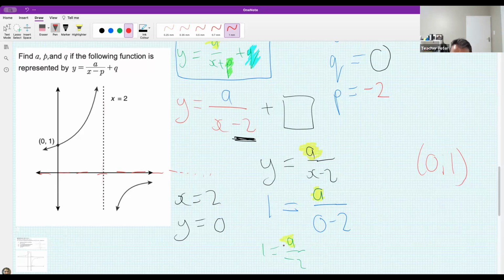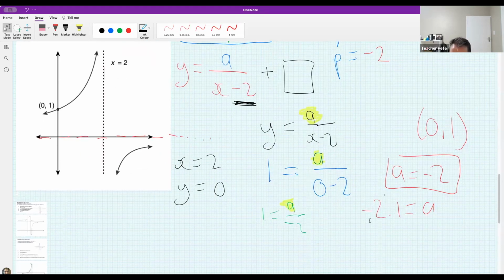So I think if it's divide on this side, it would become times on that side, and A would be equal to minus 2. Because remember, it's a multiplication, hey? So when it's division on this side, if it goes to the other side, it becomes multiplication. And what's minus 2 times 1? It's just minus 2.